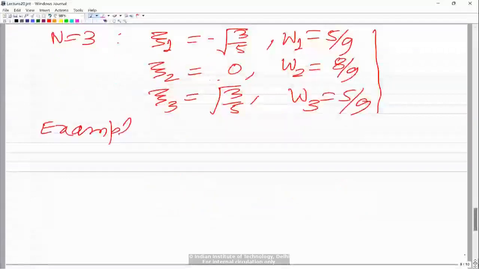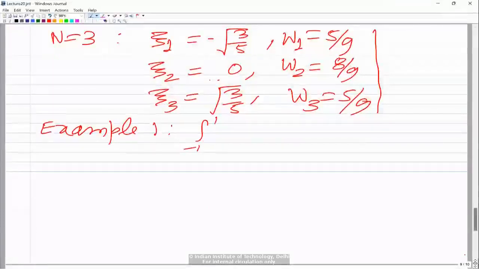Example 1 is, let us say we have to carry out this integration from -1 to +1 of the simple function 2 plus 3 into xi. We want to integrate it numerically. Of course, explicitly you can do it, because it is a simple integral.